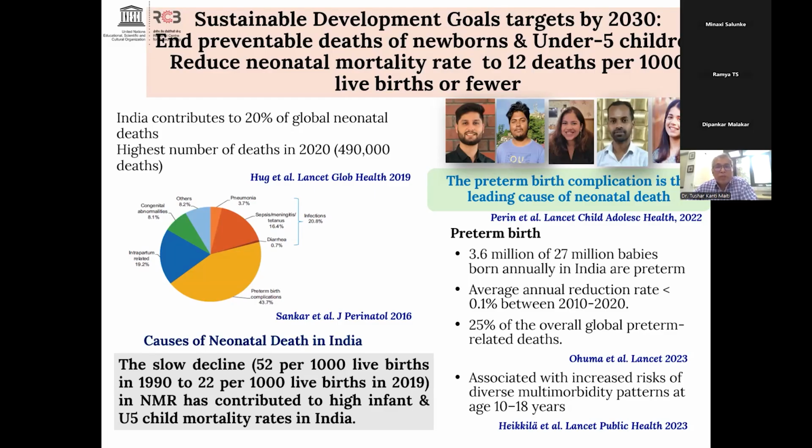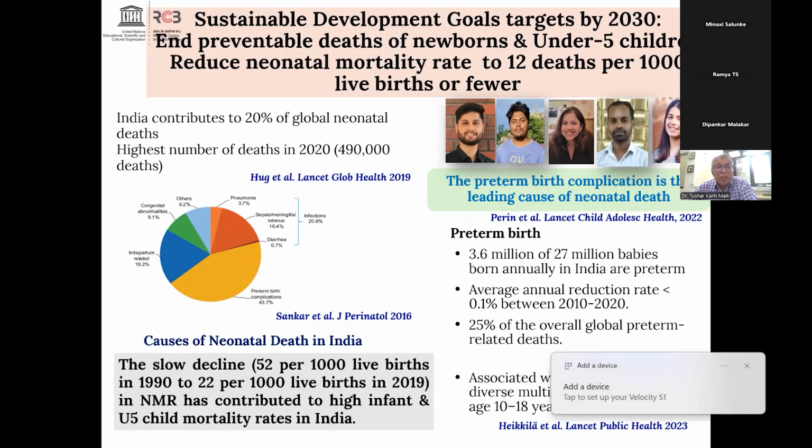In the early 90s approximately 50 deaths per 1,000 live births were observed. Over the period till 2019 it reduced, but not significantly, with approximately 22 per 1,000 births observed. India contributes almost 20% of global neonatal deaths, the highest number in 2023.